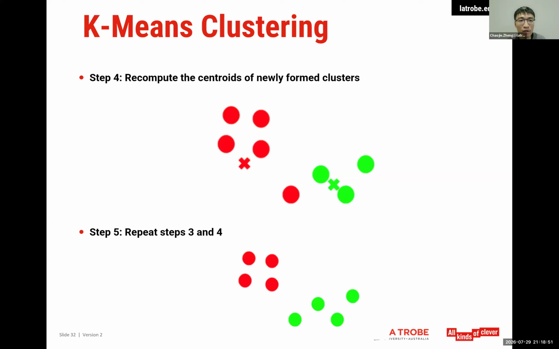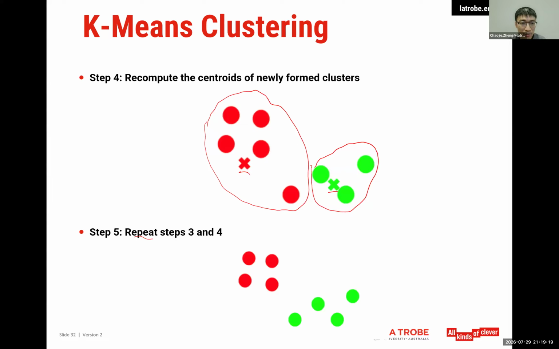So in step 4, we recompute the centroid of the newly formed clusters. These data points form the red cluster, these data points form the green cluster, so we need to recompute each cluster centroid. The cross notation represents the centroid location for each cluster.